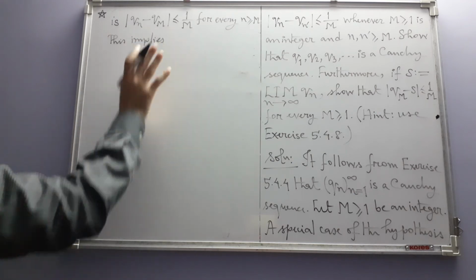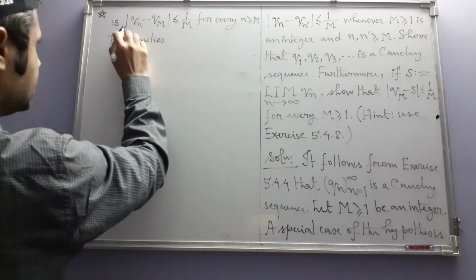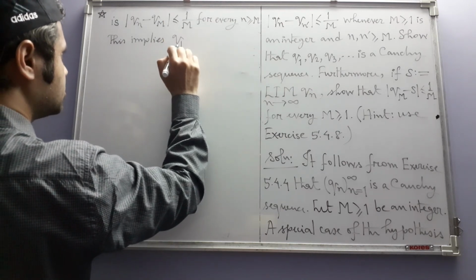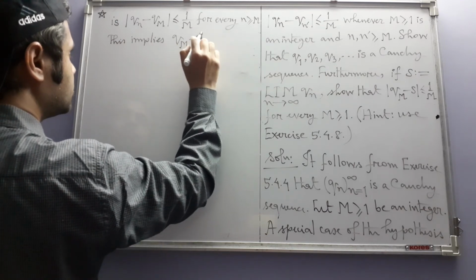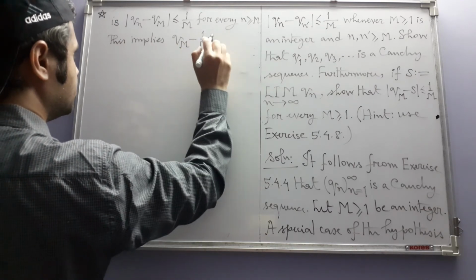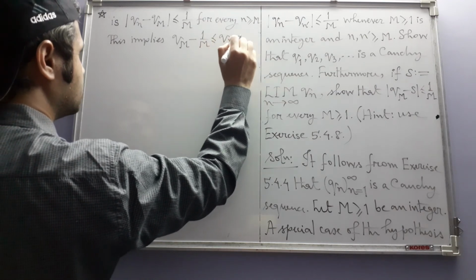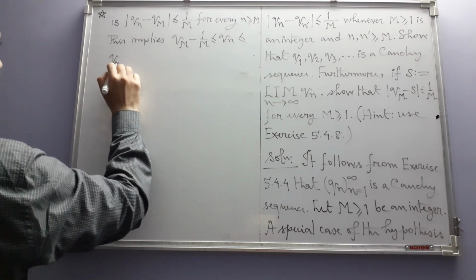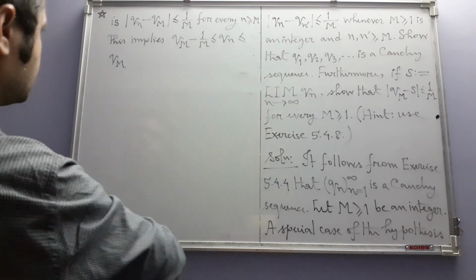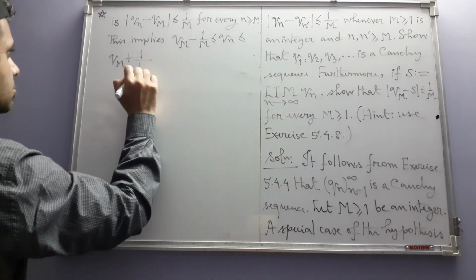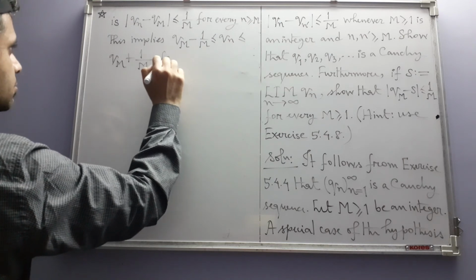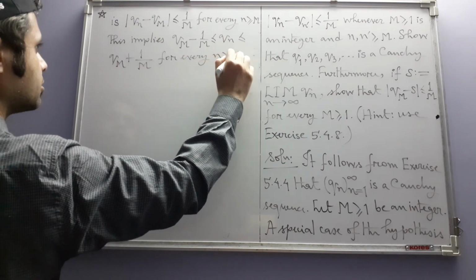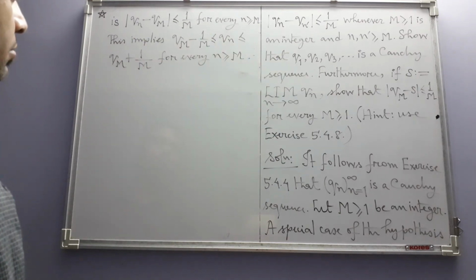This implies, if you write these inequalities slightly differently without using absolute value, then they look like this: Qm minus 1 over m is less than or equal to Qn, which is less than or equal to Qm plus 1 over m for every n greater than or equal to m. Okay.